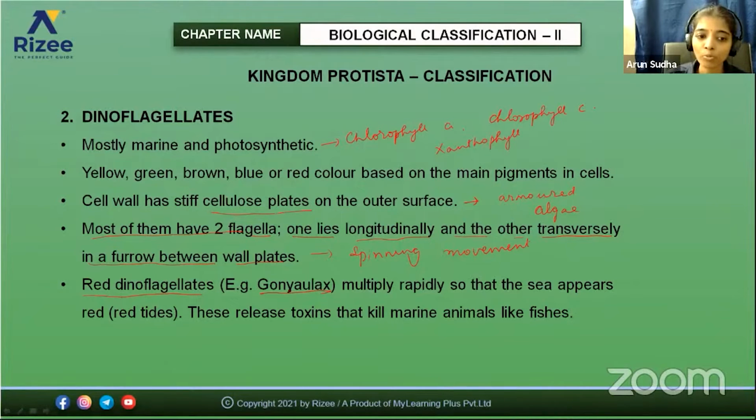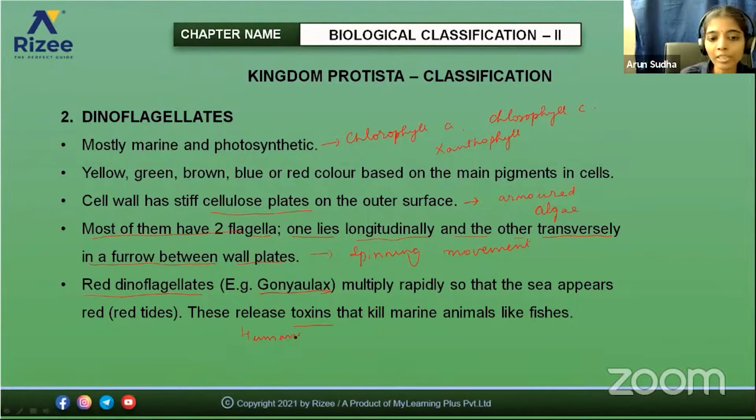This group of dinoflagellates actually releases toxins, which is not good. When the seawater is red in color, that is not good, because they release toxins, and these toxins kill marine animals like fishes, and are also toxic for humans.